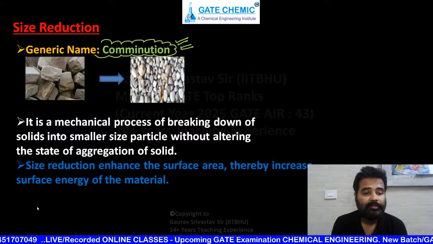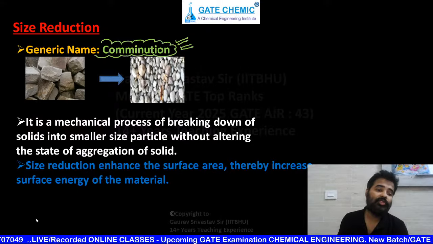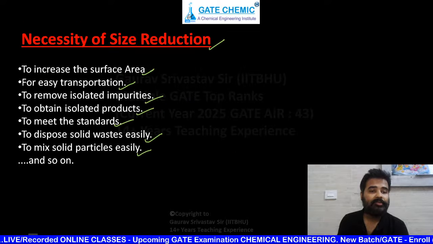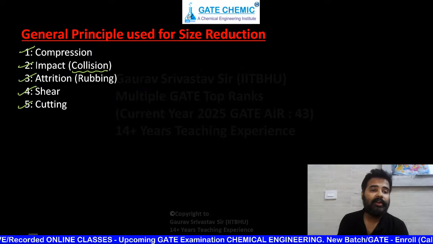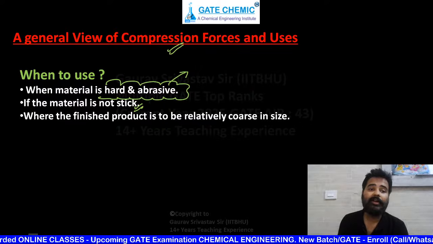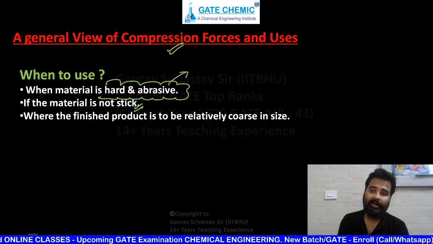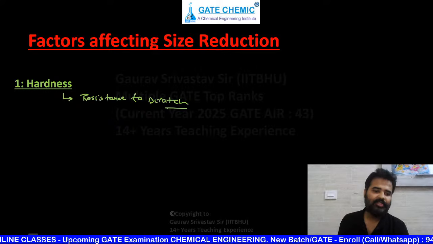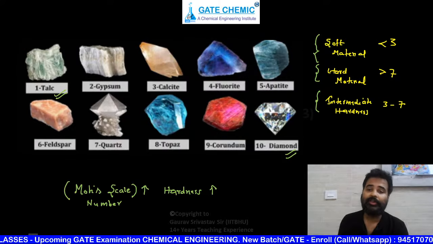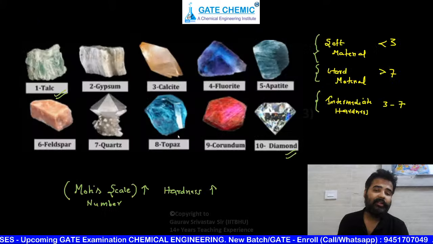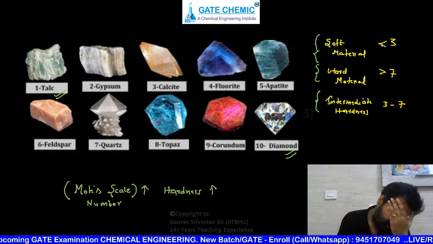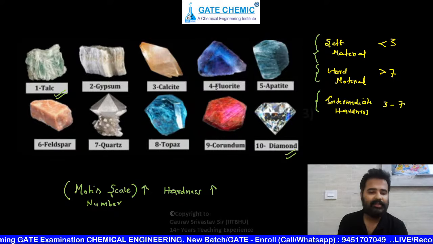Started from here. So size reduction, generic name you had seen, that is comminution. Necessity you had seen, advantage, disadvantage, general principles. This one, gravity, dynamic impact, compression for hard and abrasive material, resistance to scratch is known as hardness, Mohs scale, more hardness more, 10 is for diamond, and this range is generally not important, but if you want to remember, आप याद कर सकते हो, 3 से छोटा कम soft, 7 से बड़ा hard.